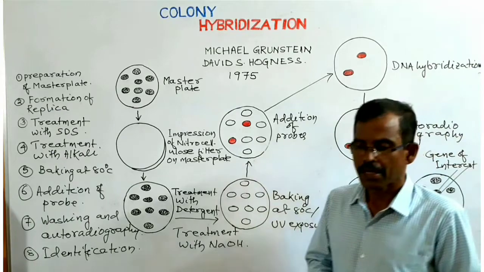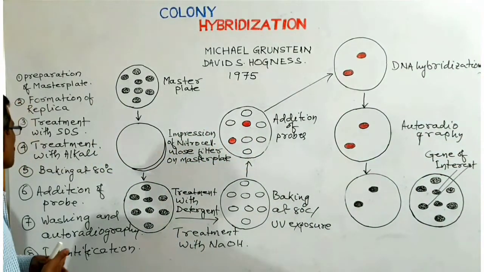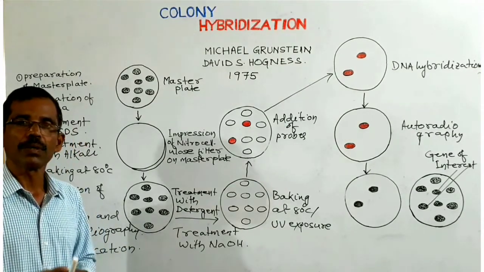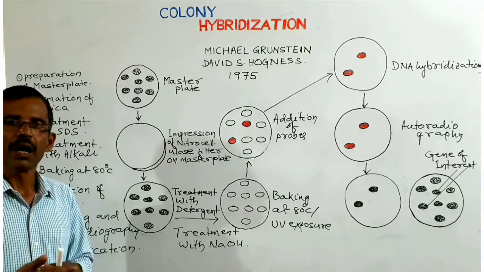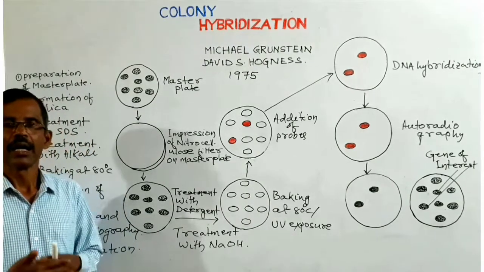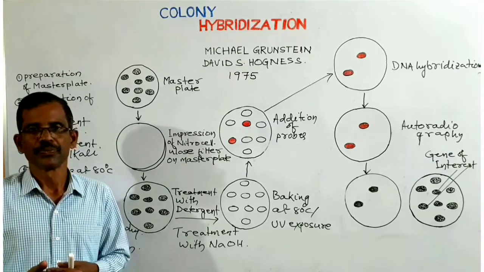In colony hybridization, the first step is preparation of the master plate. For preparation of the master plate, a small amount of bacterial suspension is taken and inoculated on a solid nutrient medium.